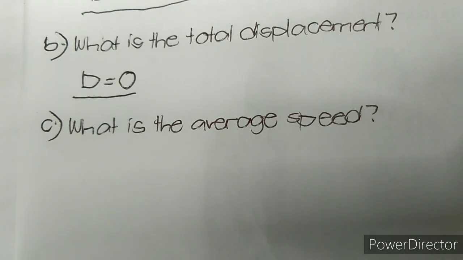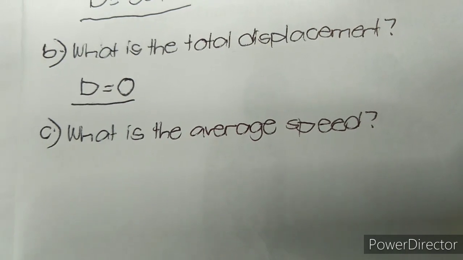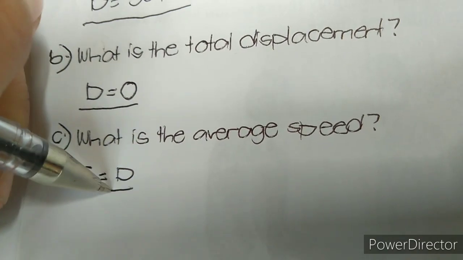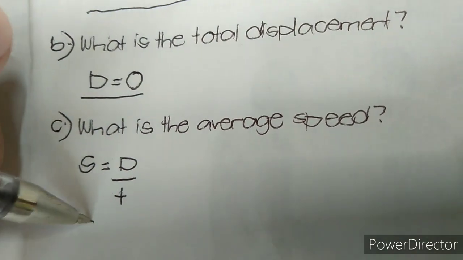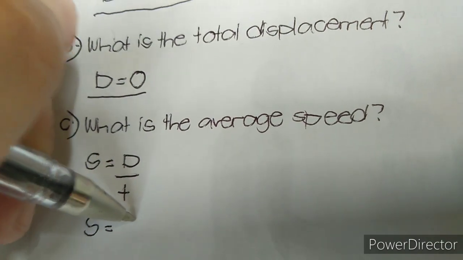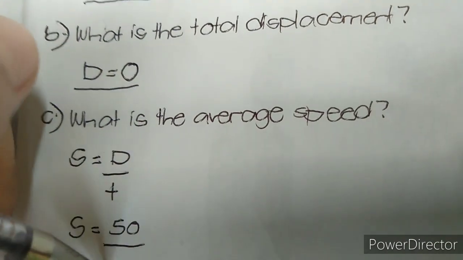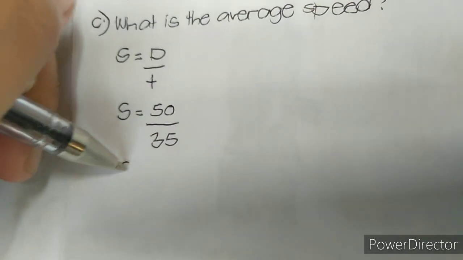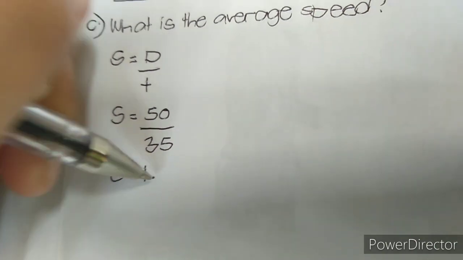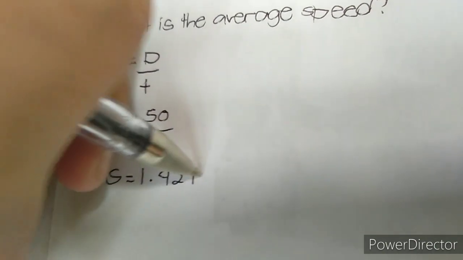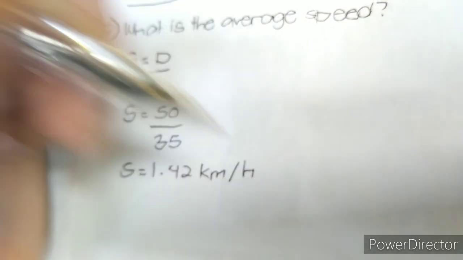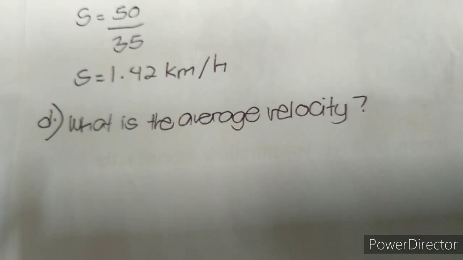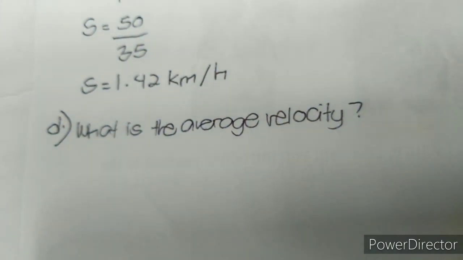Question letter C. What is the average speed? The formula of speed is speed equals distance divided by time. So the distance is 50 kilometer divided by 35 hours. So the speed is 1.42 kilometer per hour. Question letter D. What is the average velocity?